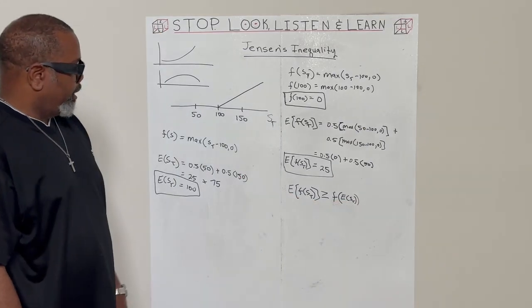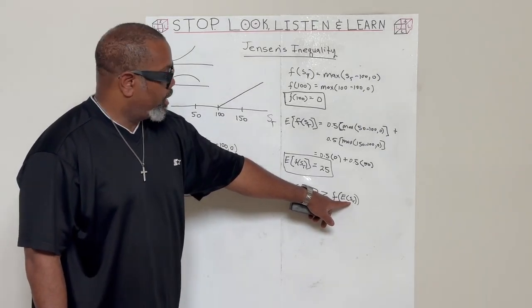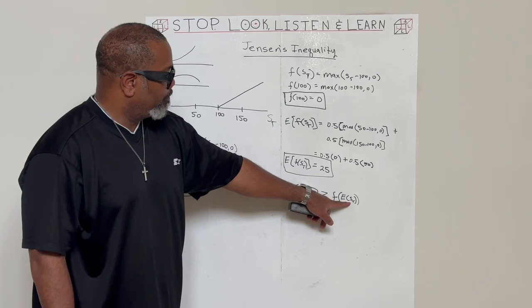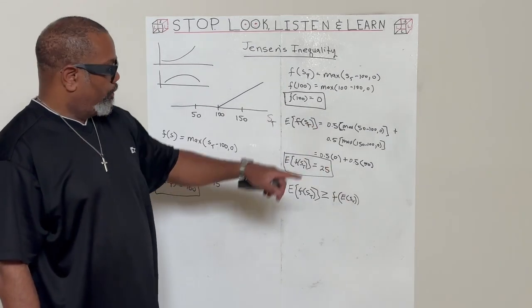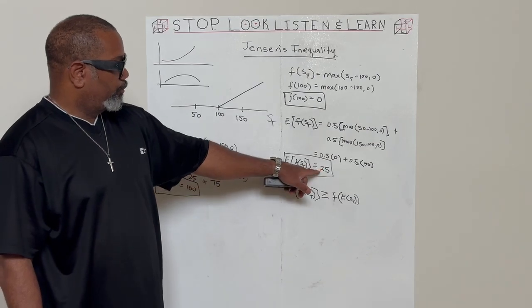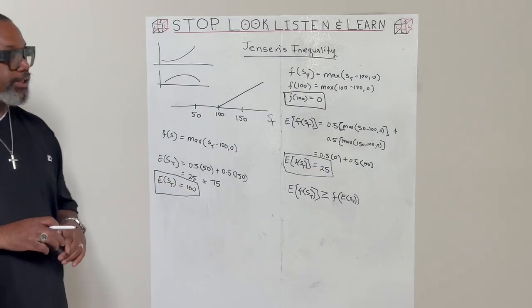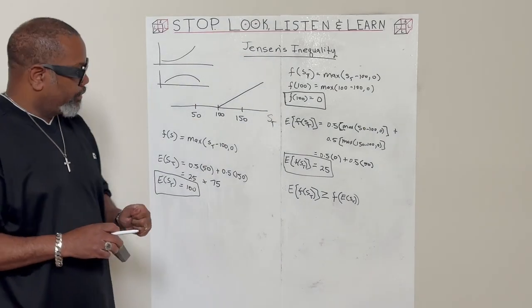And as we can see, the value of the function evaluated at 100, which is the expected value of the variable, was equal to 0, but the expected value of the function was 25. And that's, in a nutshell, what Jensen's inequality says, right?